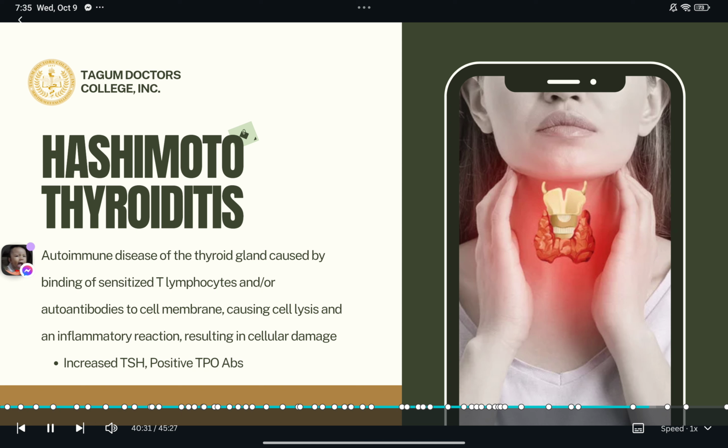And then usually anything that causes an inflammatory reaction, most especially if it is an autoimmune disease, nag-react siya or nag-stimulate siya o reaction from the complement system or complement pathway, na adjud na siya resulting na cellular damage. Sometimes the coping mechanism of the body, especially if there is an inflammatory response, causes also damage sa ato ang cells.